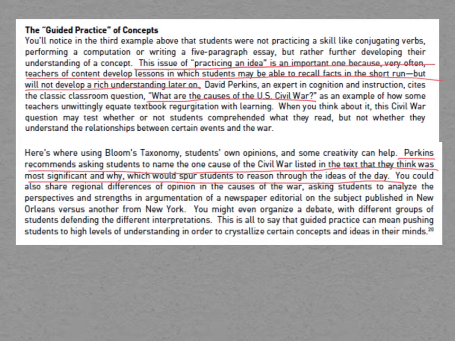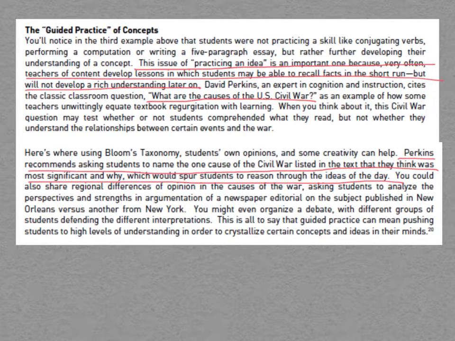Here's a tip when you're giving guided practice. A lot of times teachers will have students practice regurgitating information. There are certain things that you need to know, but recalling facts is going to be a short-term thing.